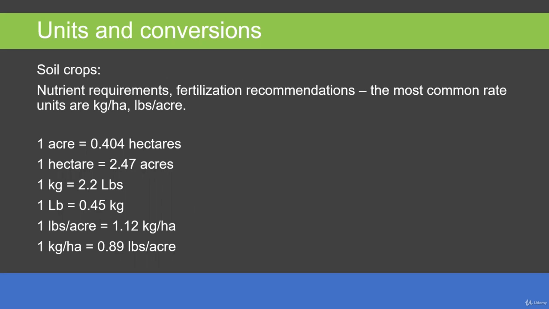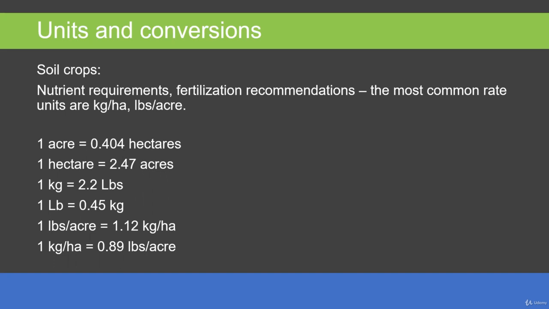In soil-grown crops, the nutrient requirements and the fertilizer recommendations will usually be given in units of kilograms per hectare or pounds per acre.